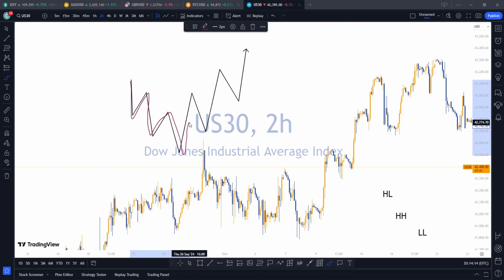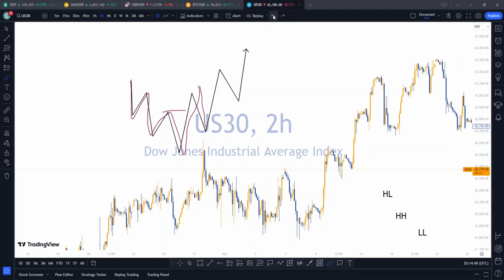But you can see that no, the impulsive move broke this previous lower high, which now shows that the market might have changed structure, and that's where you wait for more confirmation, right? Now we can see the confirmation: we push down, and when we push down, the retracement move did not break this previous lower low, right? So that also shows the fact that the market has changed.